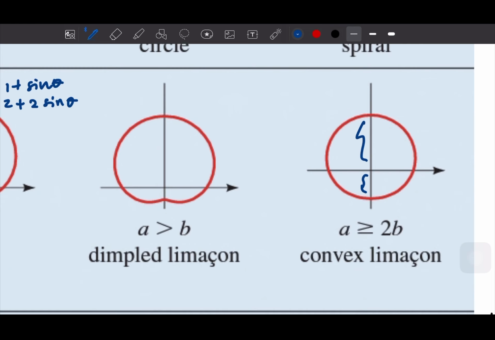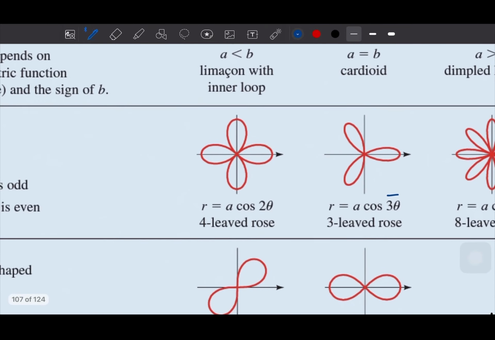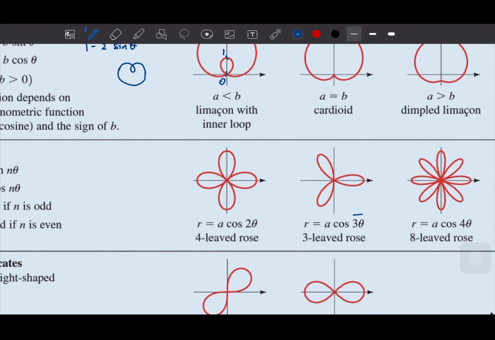Maybe later I will put some video to help you to draw, and for all concepts of polar. At least the limaçon, the rose, and the lemniscate. The rose is this one. And actually you can combine the rose and the limaçon, like you have the rose but with an inner loop.